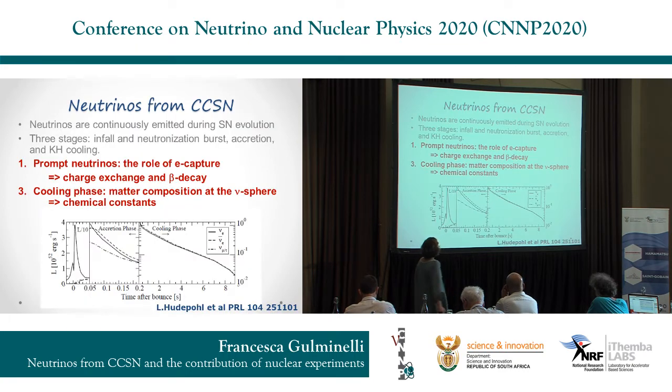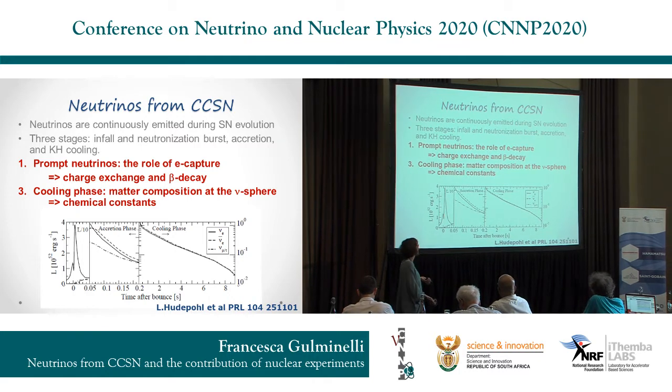And okay, so I basically need no introduction because everything was already explained nicely by Karl-Heinz. And you have learned this morning that neutrinos are continuously emitted during the supernova evolution, but still, because of the very different time scales that are involved, one can schematically, but quite realistically, distinguish different phases, different stages.